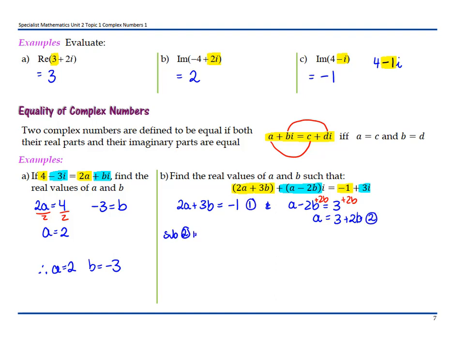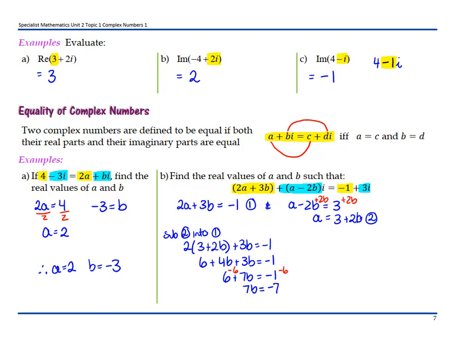So now I have equation 1 and equation 2. Sub 2 into 1. So I have 2 lots of 3 plus 2b plus 3b equals negative 1. Expand my brackets. 6 plus 4b plus 3b equals negative 1. 6 plus 7b equals negative 1. 7b equals, take 6 from both sides, negative 7.